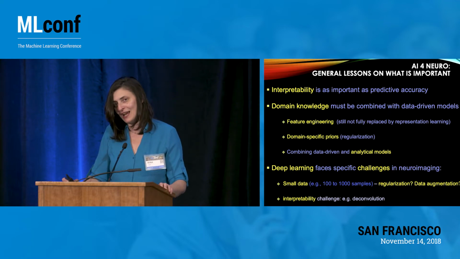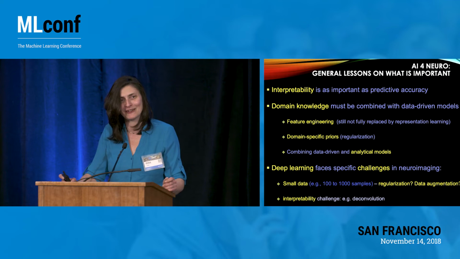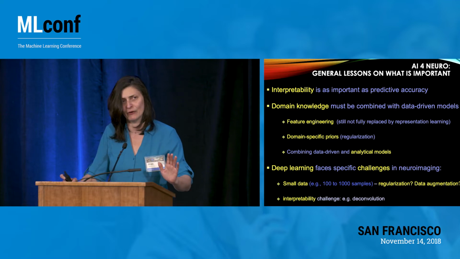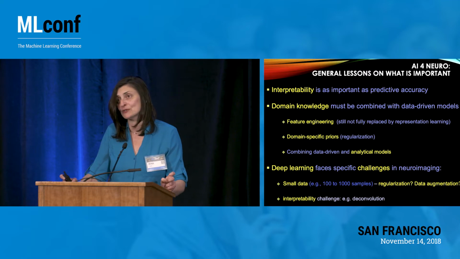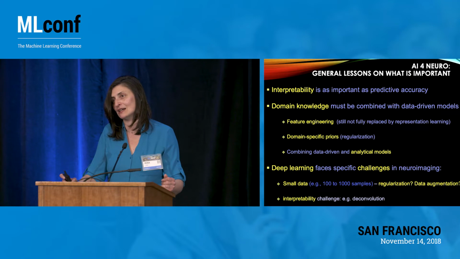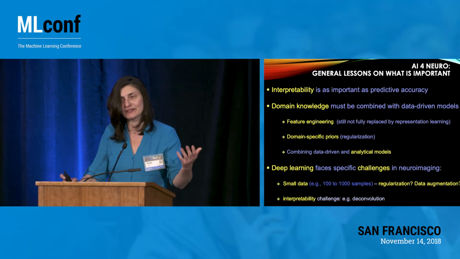And as I mentioned, interpretability in those domains is as important as predictive accuracy, because your goal is not just to predict whether the person is going to develop schizophrenia or not, but also to explain why you think so, and also hopefully find properties of their brain activity that are generic across multiple people and situations that tell you something about what went wrong.